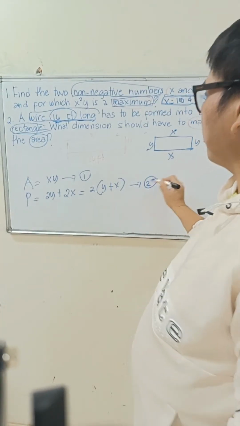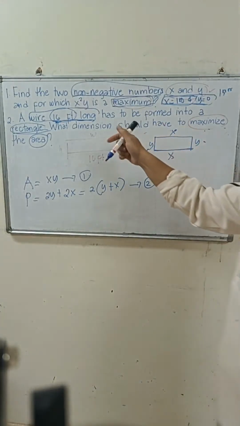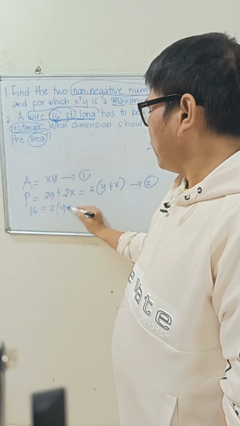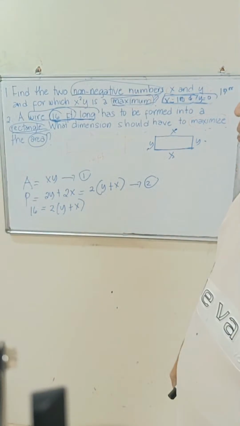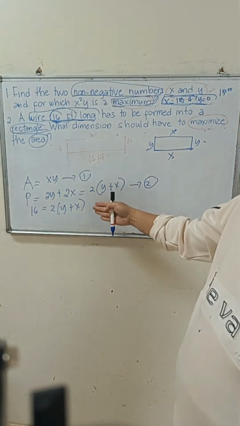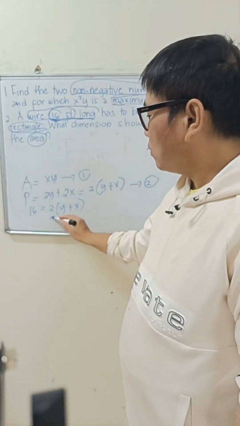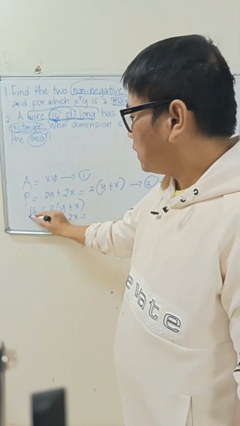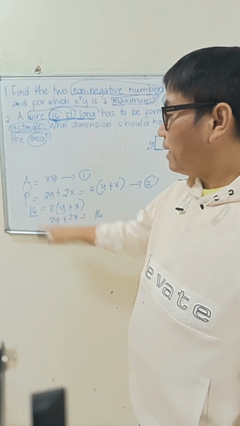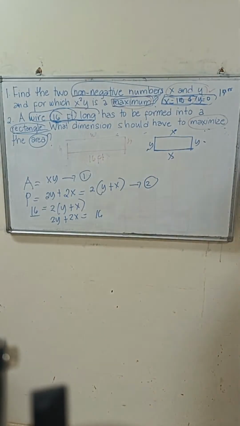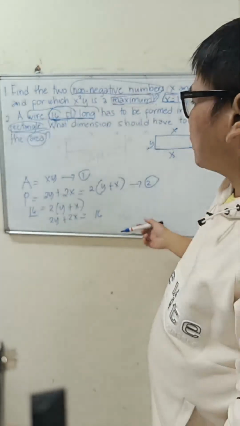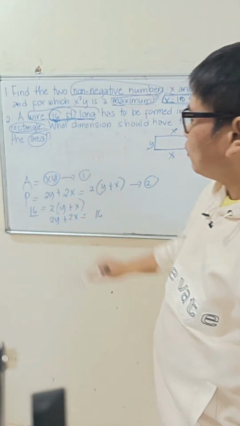The perimeter is 16, so substitute: 16 is equal to 2 times y plus x. Perform the distribution: y times 2 is 2y, x times 2 is 2x, equal to 16. This is commutative, so when you reverse it, it's just the same. So we have x and y, and you need to maximize your area.